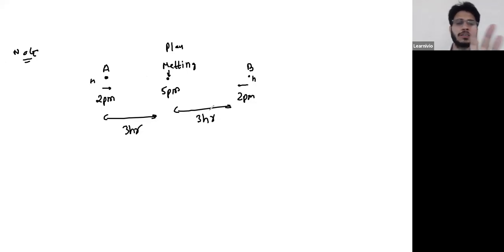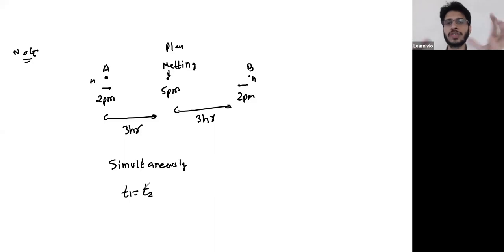In a numerical, there's something like collision of two bodies, and the question says simultaneously. If in a question simultaneously is mentioned, that means time for both the bodies would be the same. You will get problems in free fall where it says throw two stones simultaneously and then they collide.